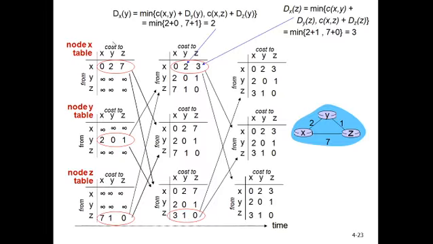So the first step is to prepare the personal information table. The second step is sharing the information with their neighbors and updating its own information using the Bellman-Ford equation by using the costs from the neighbors' tables.